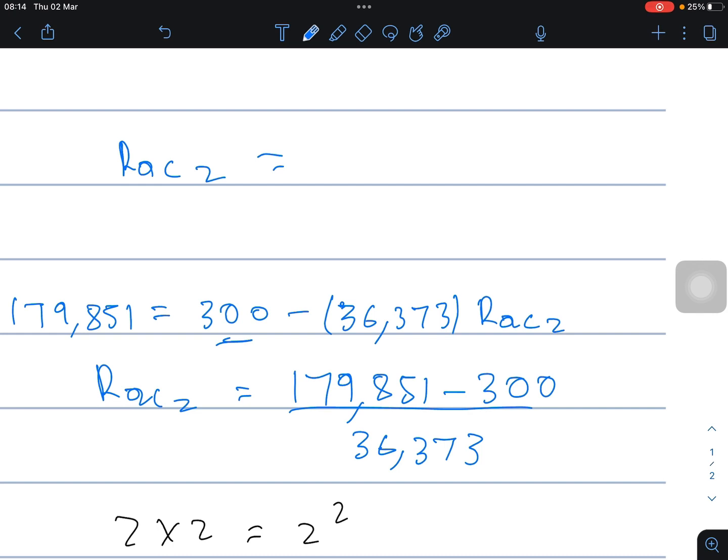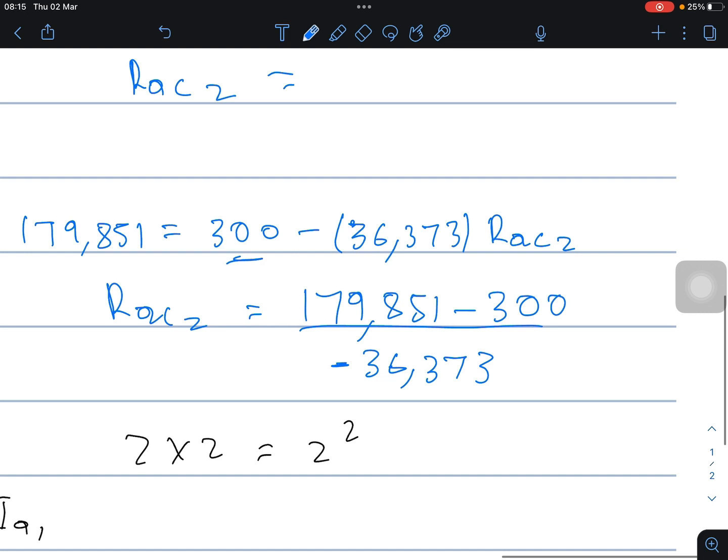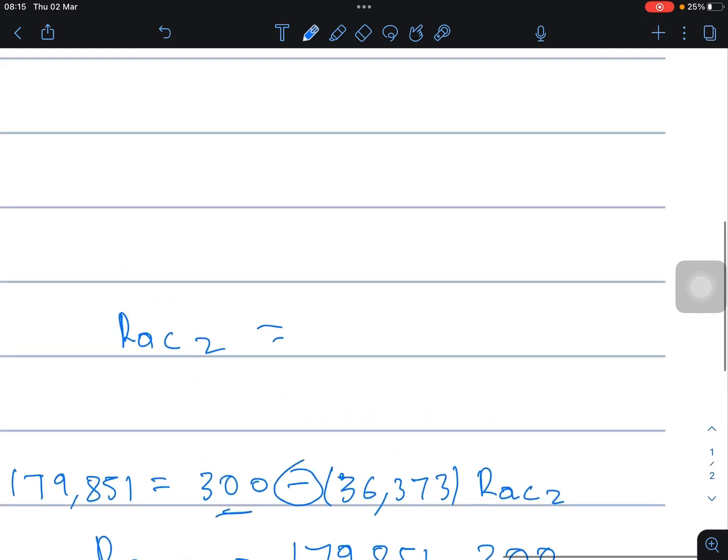We are dividing by a negative value, so the resistance, guys, comes out negative, so it should be negative 36.373 because of that negative. So 179.851 minus 300 divided by negative 36.373. The resistance comes to 3.303 ohms.